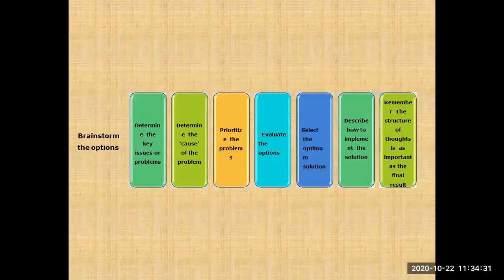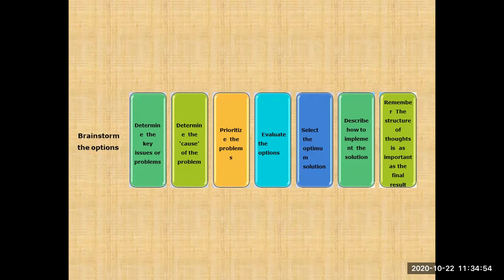Now, on which options should we brainstorm while applying the case study methodology? The first option is to determine the key issues or problems that we have discussed: identify the entities, identify the problem sets, then define the problem. That is determining key issues or problems.